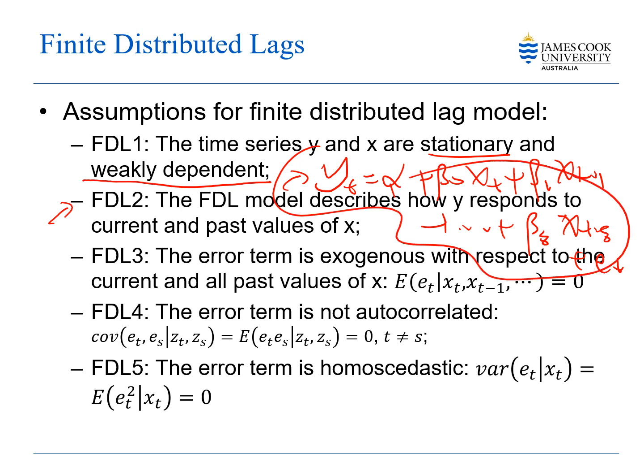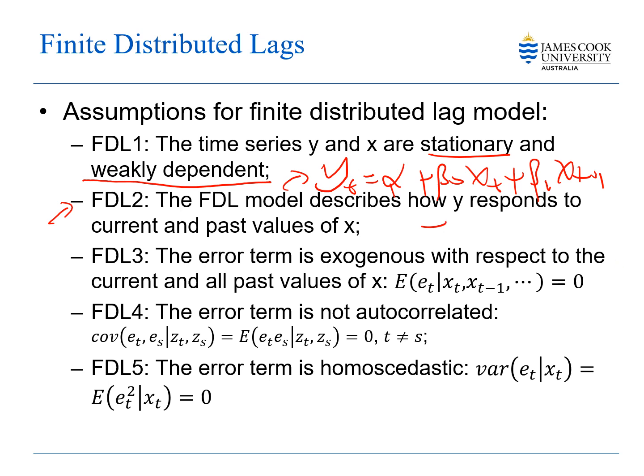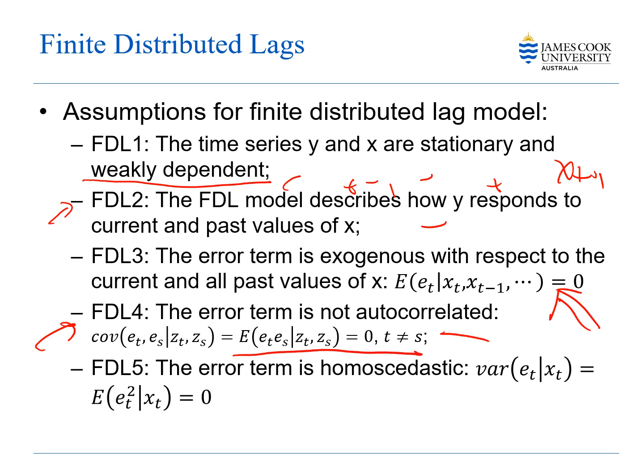Assumption 3, the error term is exogenous with respect to the current and all past values of x. So that's the exogeneity condition of the error terms. Assumption 4, the error term is not autocorrelated. This might fail, so we will discuss what we can do if this fails.